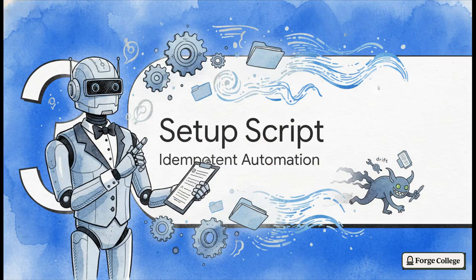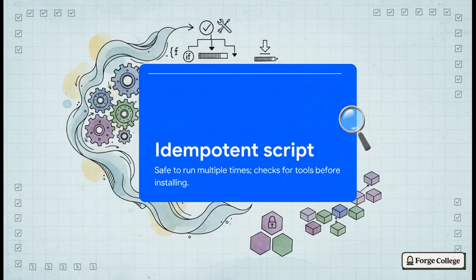Part 3. The Idempotent Setup Script. With our folders perfectly in place, let's introduce our ultimate weapon against that drift gremlin. I kind of like to think of it as a very polite but incredibly strict robot butler, the setup script. Now, you'll hear the word idempotent thrown around a lot in engineering circles.